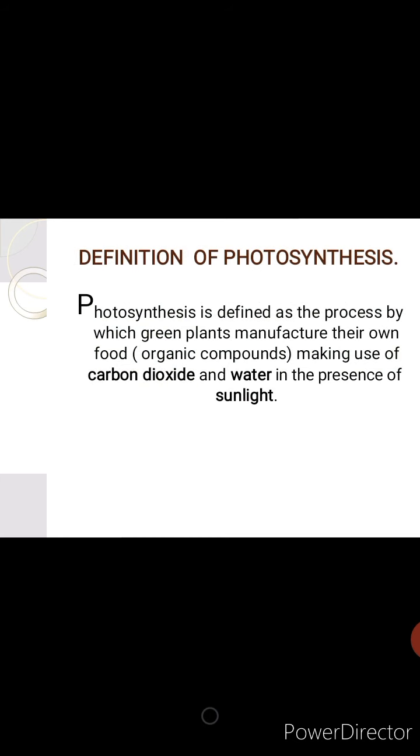Definition of photosynthesis. Photosynthesis is defined as a process by which green plants manufacture their own food, that is organic compound, making use of carbon dioxide and water in the presence of sunlight. Plants are autotrophs because they can make their own food by themselves, through a process called photosynthesis.